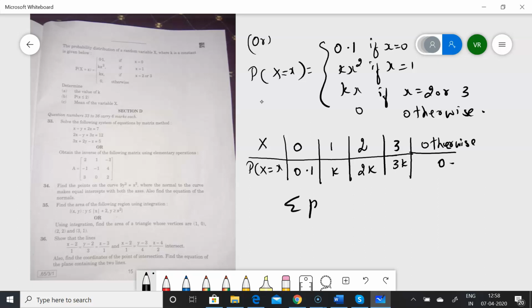This sigma pi is equal to 1. So this infers 0.1 plus k plus 2k plus 3k plus 0 is equal to 1.